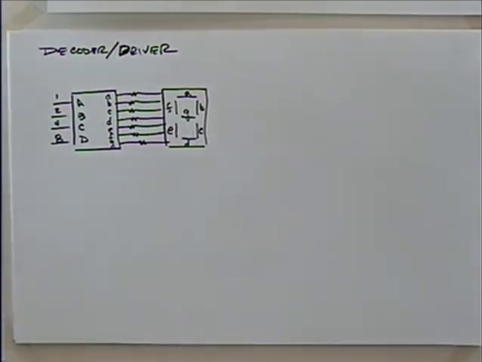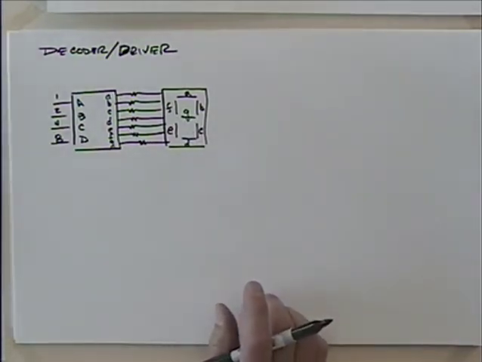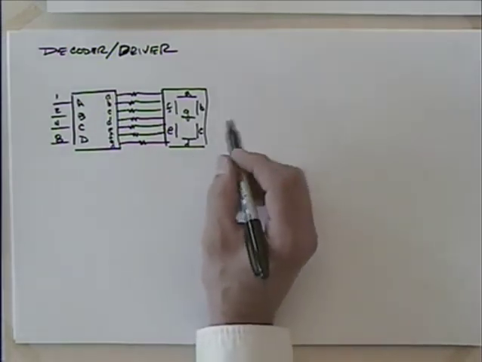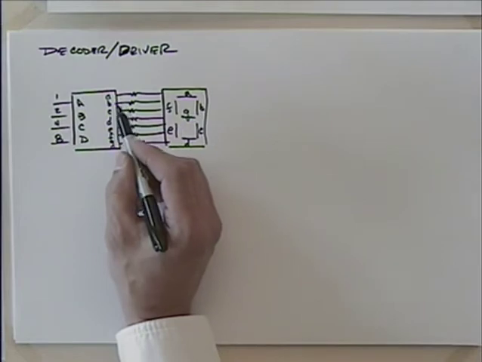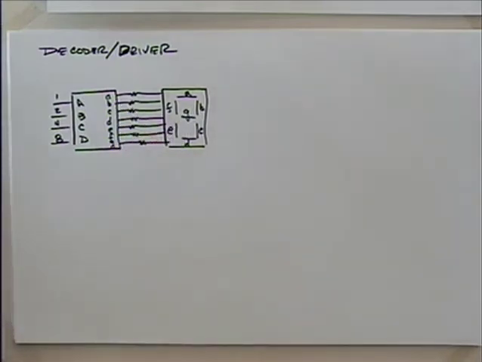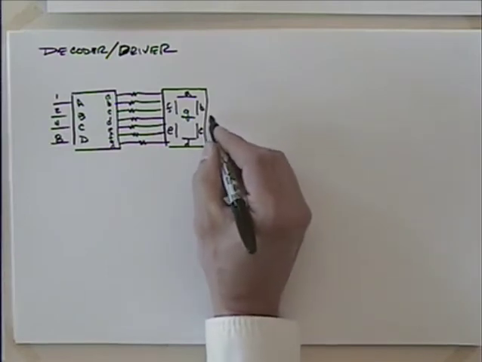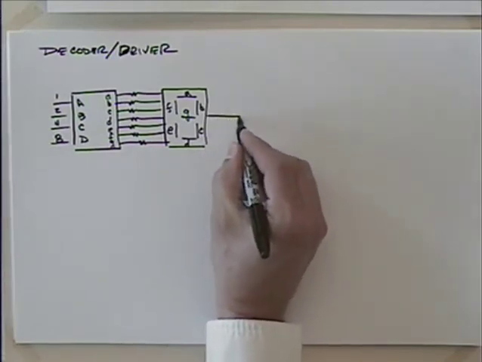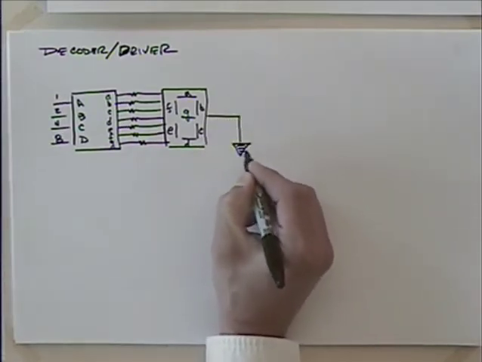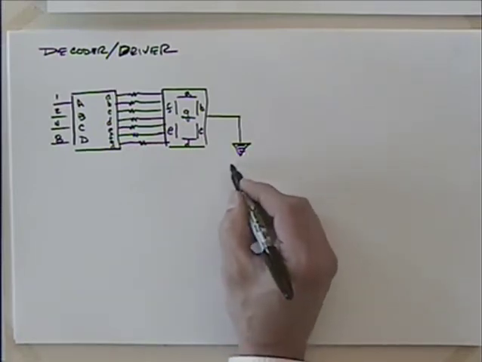Okay. And we can do this a couple different ways. If we're activating here, let me look at what we have in the lab. Yeah. So if we do this, we're going to come over and we're going to go to ground on this, which is common cathode.